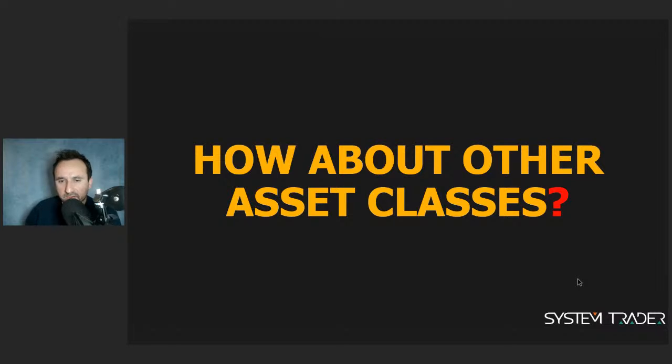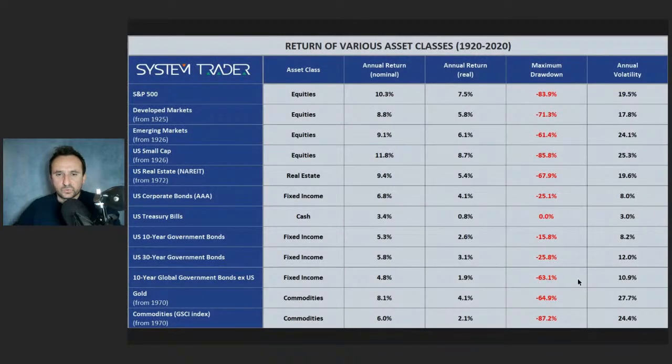How about other asset classes? I talked about equities. How about other asset classes? So again, I made a table on which I'm showing different asset classes and their returns for the last 100 years. And as you can see, the highest returns were for equities, obviously.